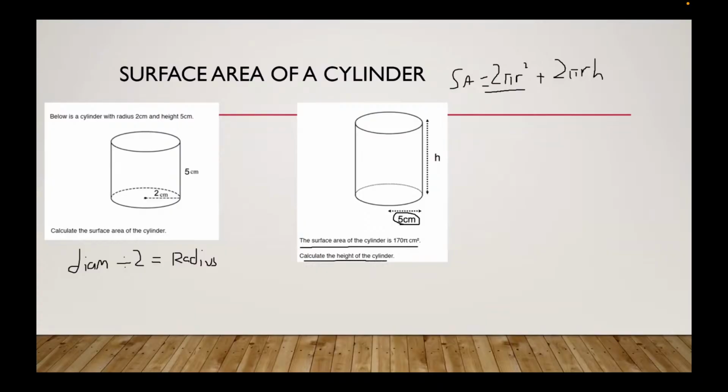Question 1 asked us to find the surface area. Question 2 is saying, here's already the surface area, go backwards and figure out what the height is based on the total surface area. We're going to use the same formula, but the information we have now is different, because in the first question we had the radius and the height.